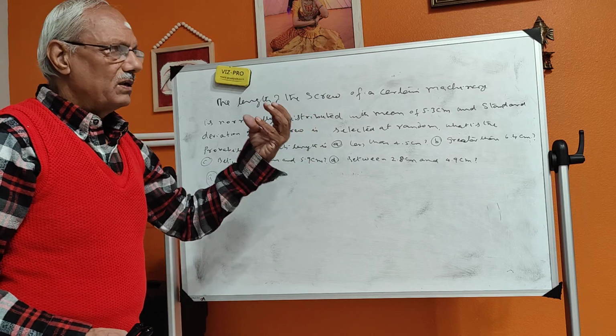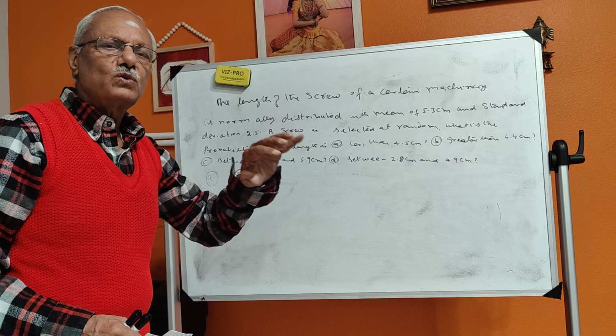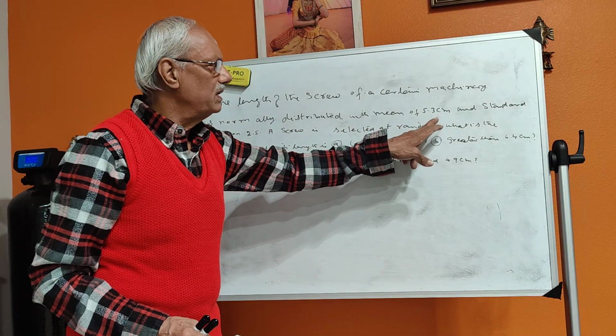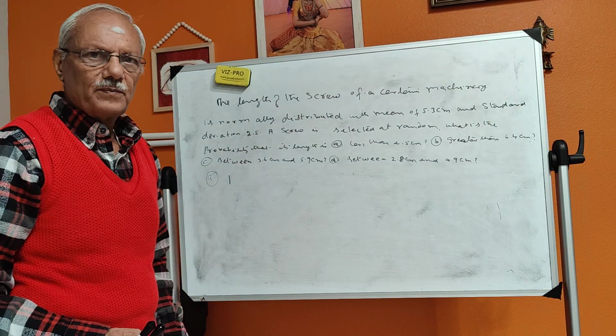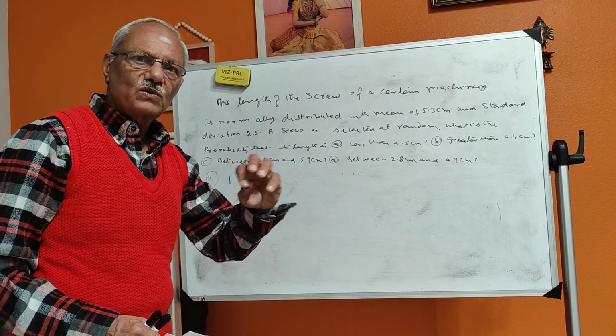That means a company is manufacturing screws and the lengths of the screws are normally distributed with the mean 5.3 centimeters and standard deviation 2.5. A screw is randomly selected and various questions are asked.